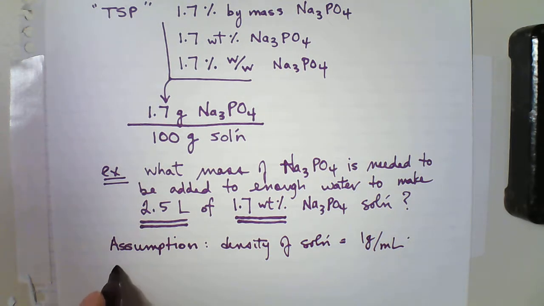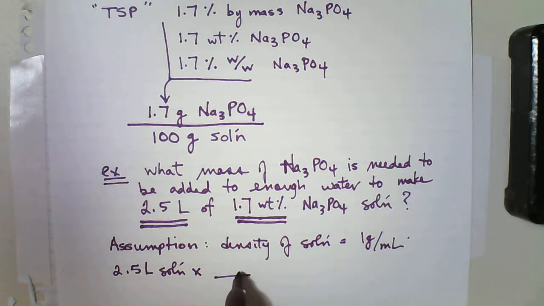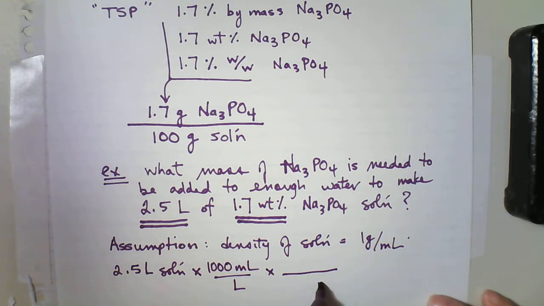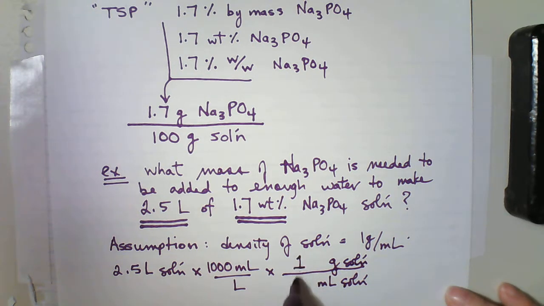So then, my answer is 2.5 liters of solution, and I need to get that to a mass. So first to mL, so a liter is 1,000 mL, and now I have mL of solution, and I need to convert that to grams of solution. I'm taking that as 1 gram of solution is 1 mL because I'm not given the density in this question, so I make that assumption.